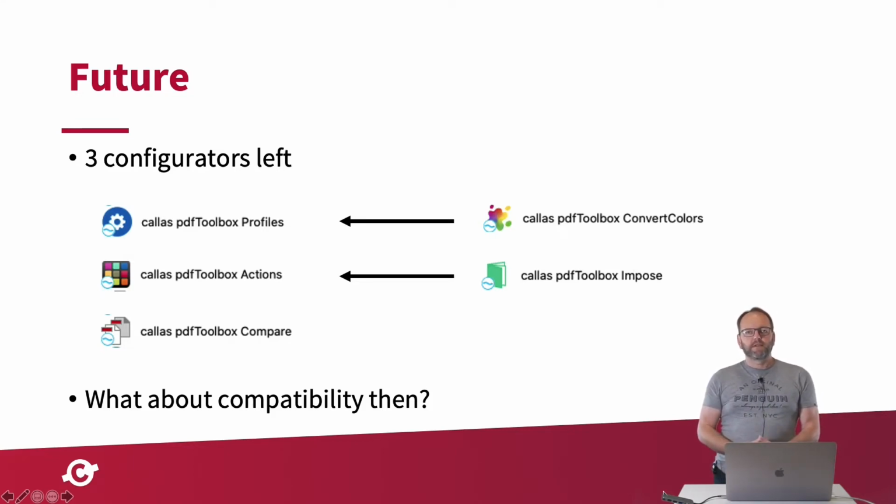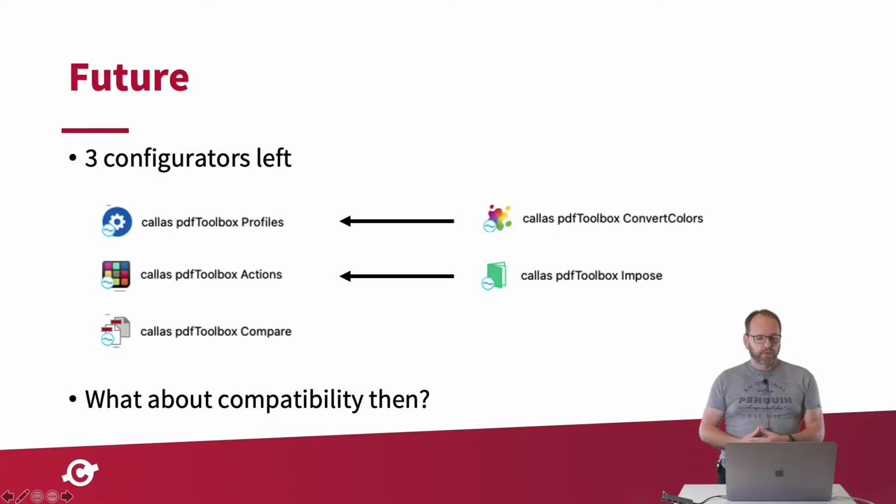The functionality that you have there is entirely replaced or replaceable by what you can do in profiles and process plans with convert colors, the map functionality for colors, and so on. Yeah? So there is anyway no good reason anymore to use that configurator, and the plan is to have it disappear.